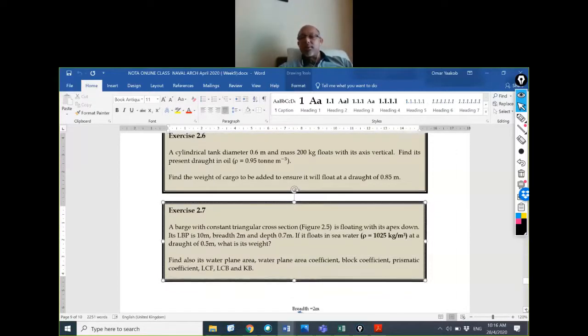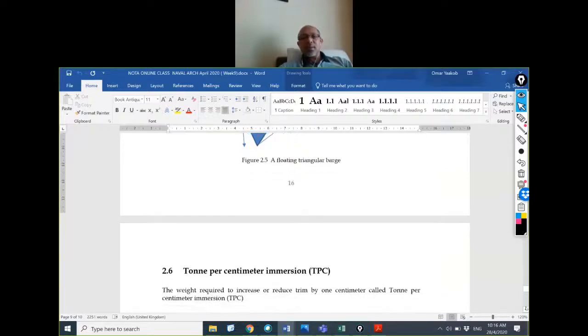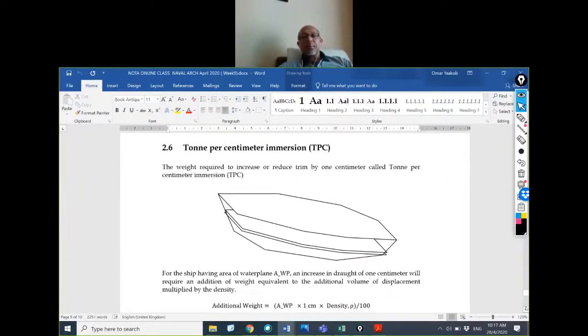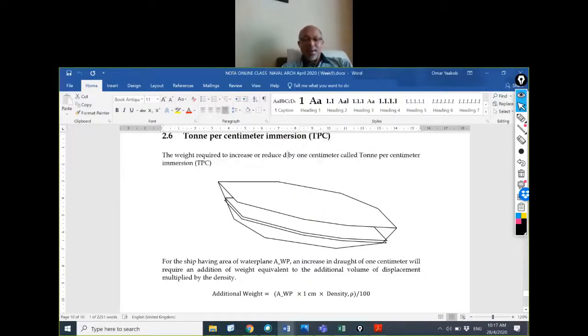Okay, so that's 2.7. And finally, this is TPC. TPC is the weight required to increase or reduce draft. Sorry, it's not trim, it's draft, so please change that later. The weight to change draft by 1 centimeter is called tons per centimeter immersion.